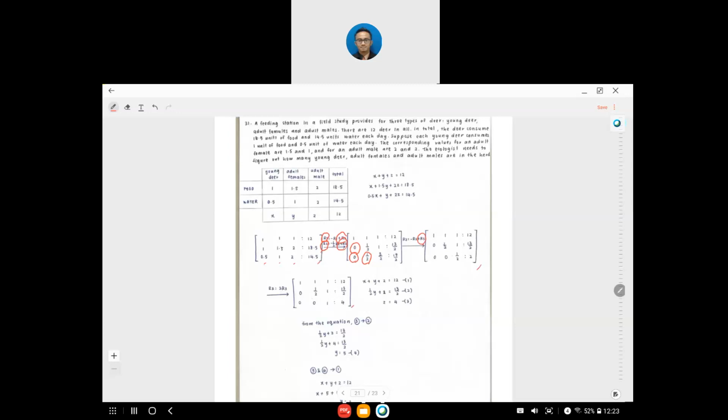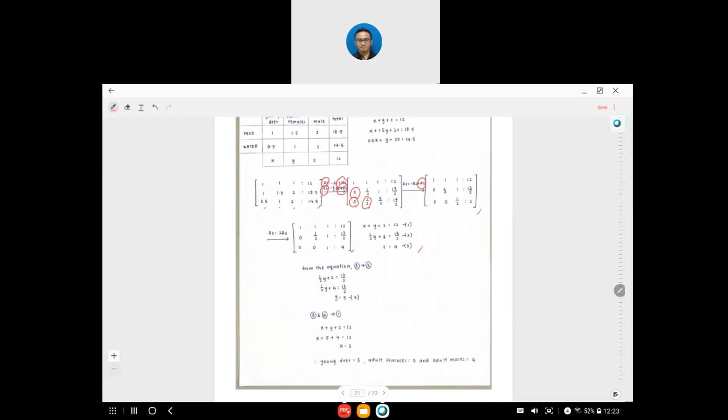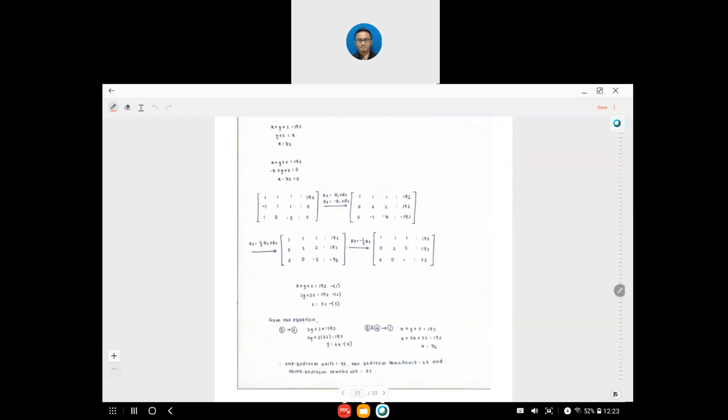Dapatlah yang ni. Okay. And then you transform to a linear system. And then you can get Z equal to 4, Y equal to 5, X equal to 3. Okay? Boleh? Okay. And then next question.